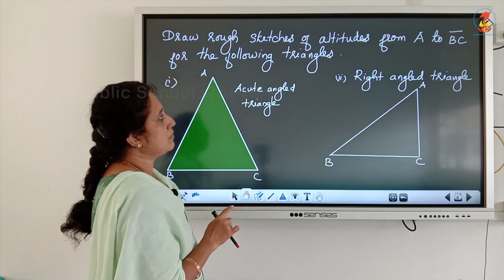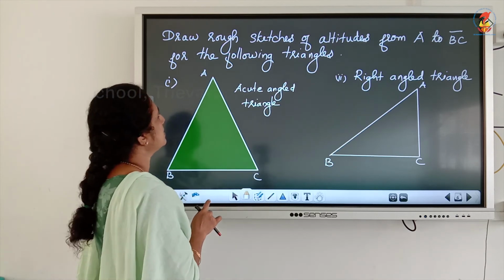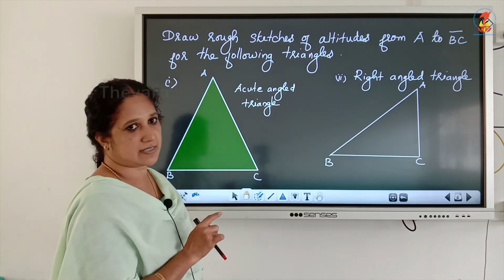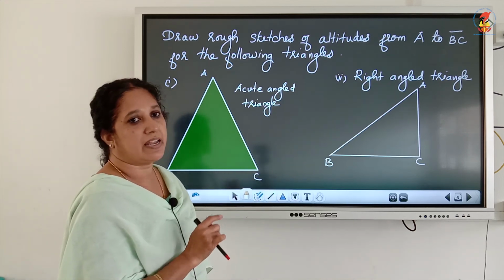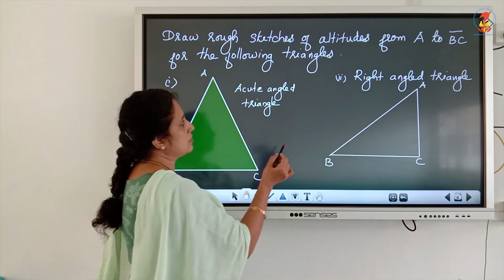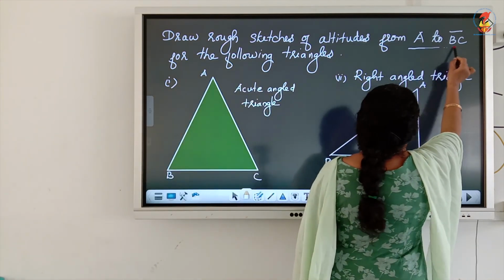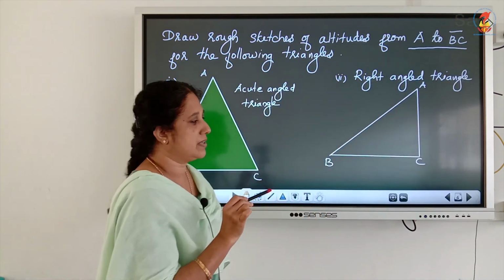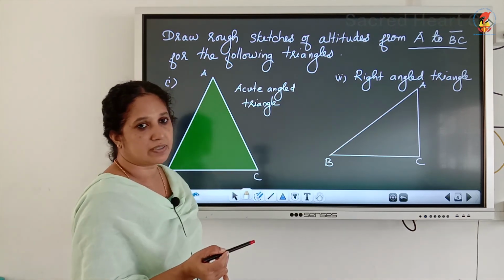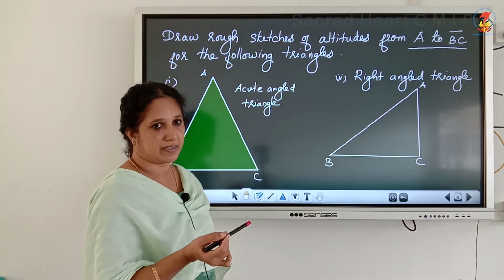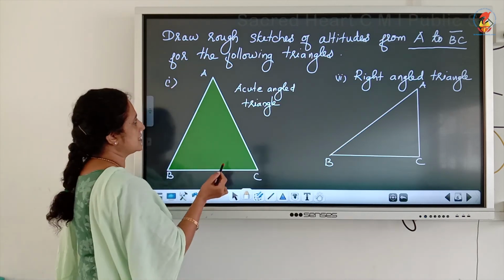Draw rough sketches of altitudes from A to BC for the following triangles. We have to consider three different types of triangles, and we have to draw the altitudes from the vertex A to the side BC. Altitude means the perpendicular line segment from a vertex to the opposite side.